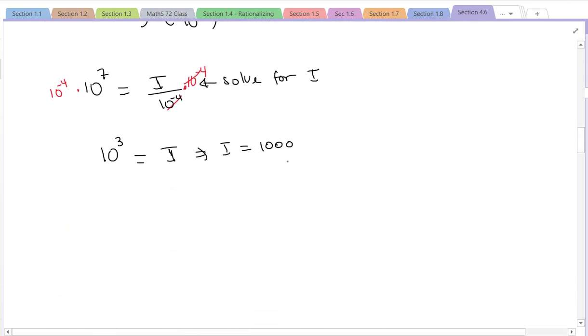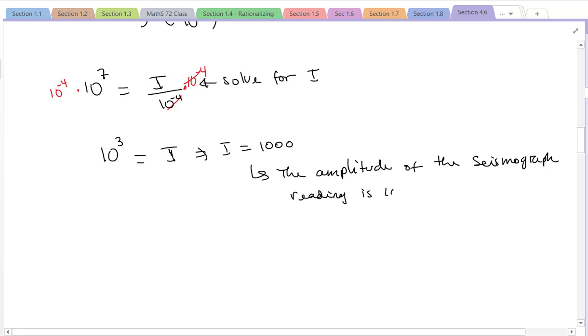So what this means is the amplitude of the seismograph reading is 1,000 centimeters. That's pretty big.